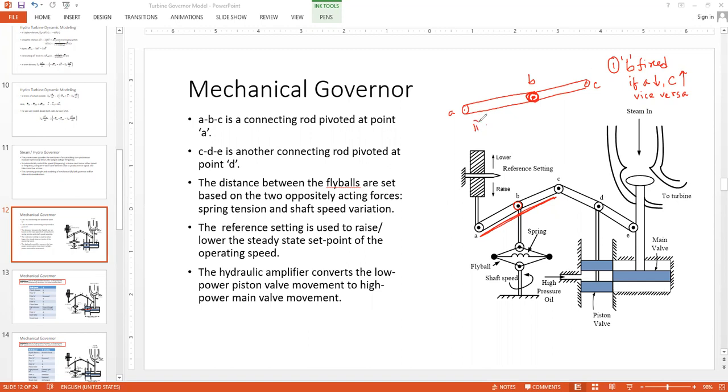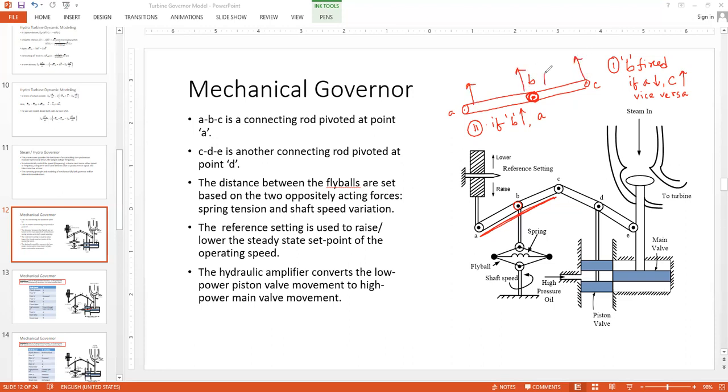So for case, let's say point number 2, if B goes up and there are no forces being applied on A and C, no external force is being applied, then what will happen to A and C? Okay, let's say if B goes up, that means the whole body will go up along with it.